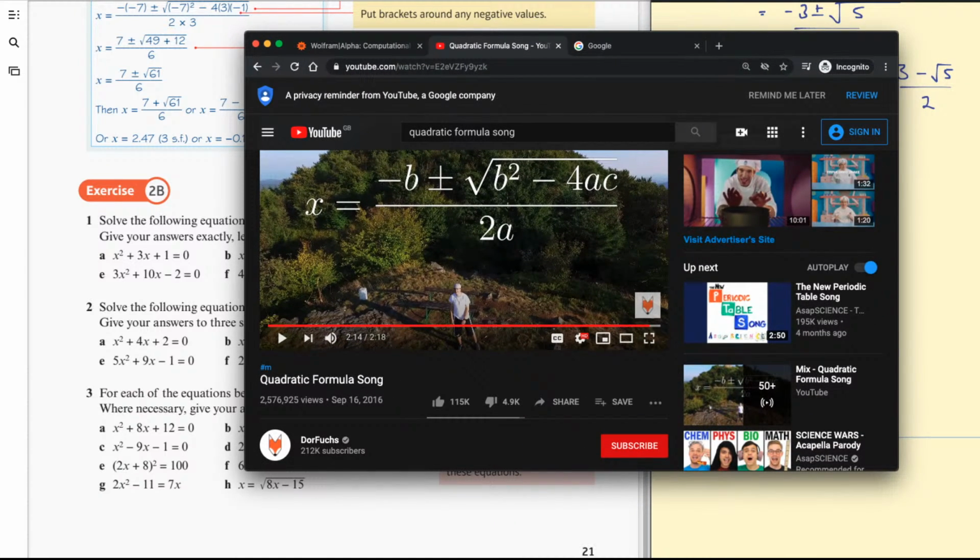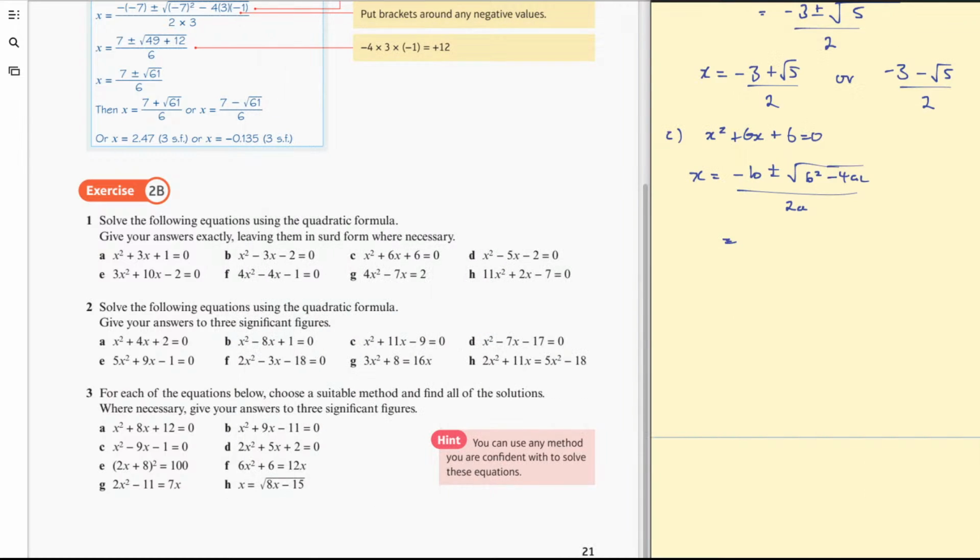Alright, so there you go. There's one derivation of the formula. Anyways, where were we?